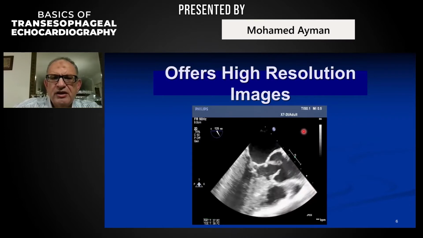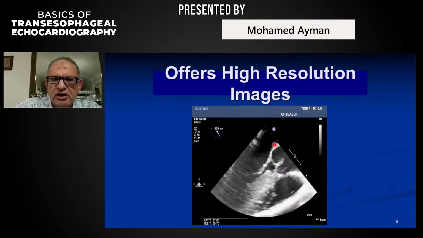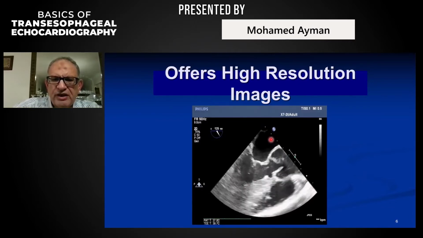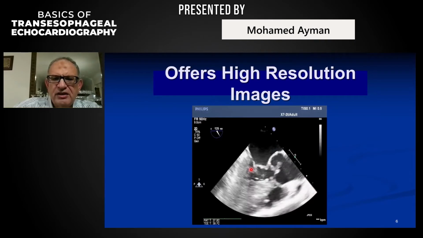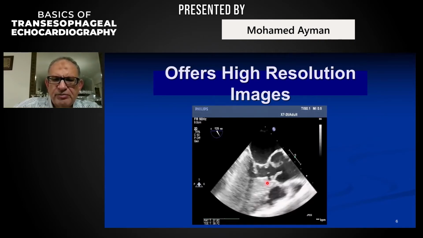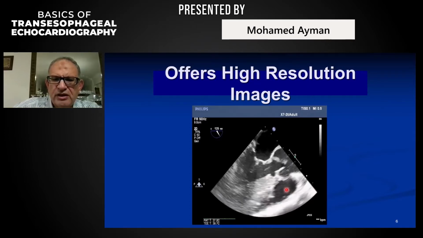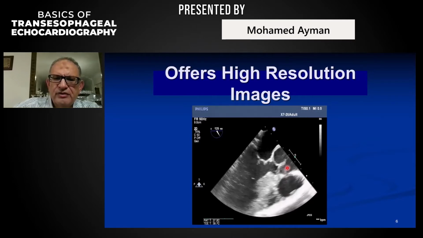As you see here, this is the position of the probe at the top of the sector, and close to the probe, the most posterior structure is the left atrium. Then you will find the mitral valve, and you can see here the left ventricle, interventricular septum, and a part of the right ventricle here, and you can see here the aortic valve.